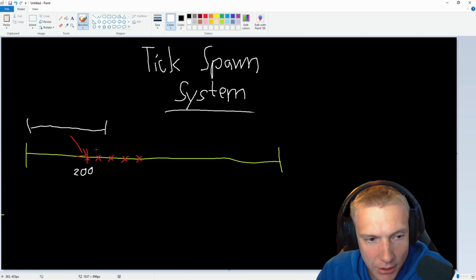And we are currently on tick 215. Now we need to figure out how many are left to spawn based on this number and this number and this number. And then we know that we have 5. Which is this. How do I do this?